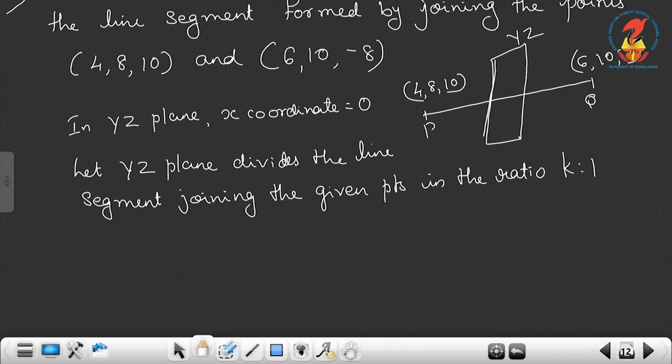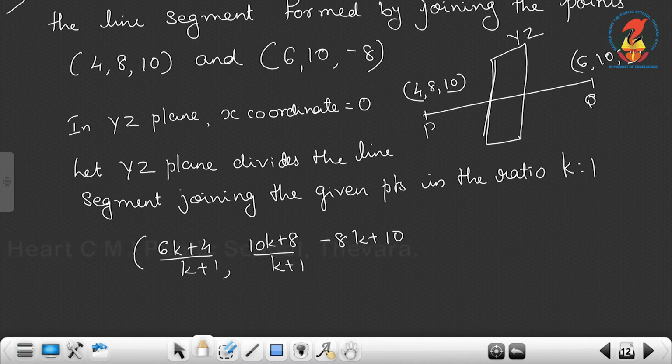Therefore, how to write the coordinates? So, k into 6, that is 6k plus 4 by k plus 1. And the next one is 10k plus 8 by k plus 1 and minus 8k plus 10 by k plus 1.